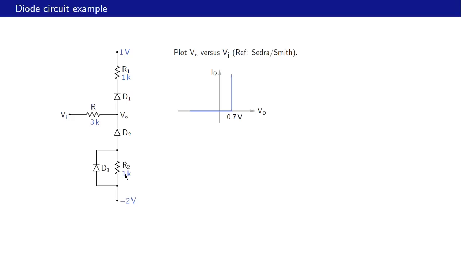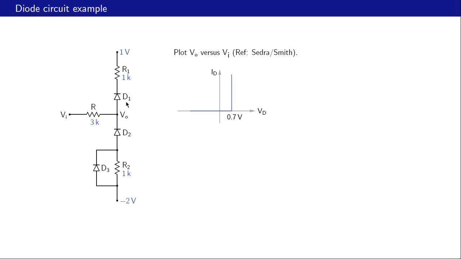We have 3 diodes, D1, D2, D3, so the circuit definitely looks very complicated, and let us see how to go about analyzing it. Since we have 3 diodes here, there are 8 possible states for this circuit.